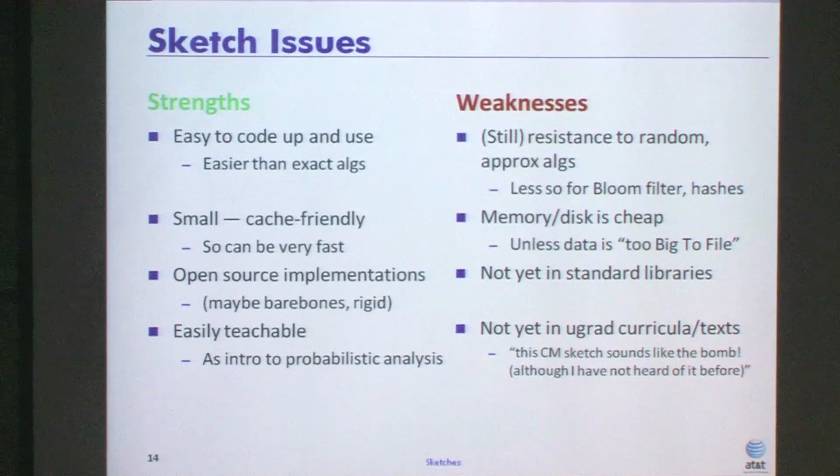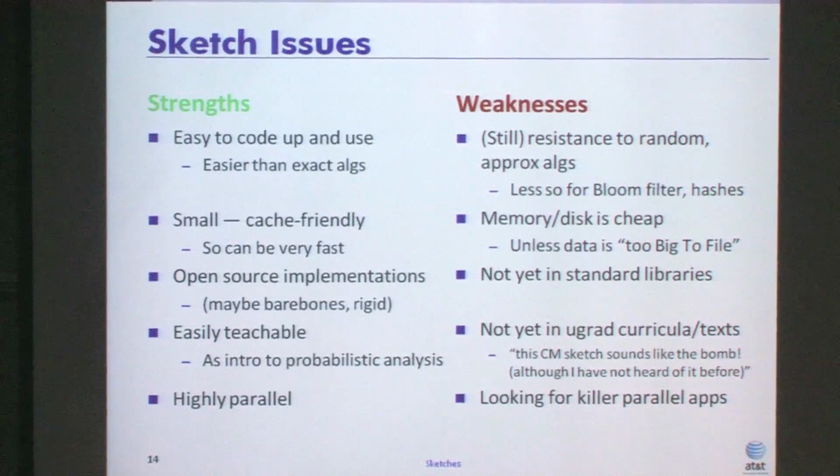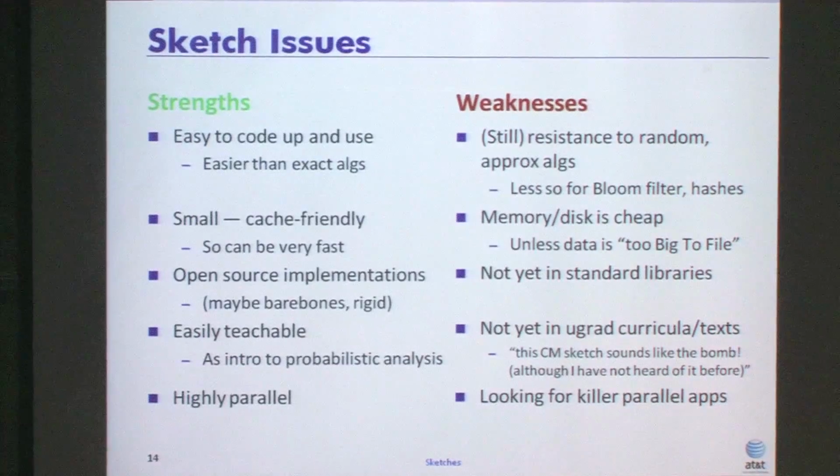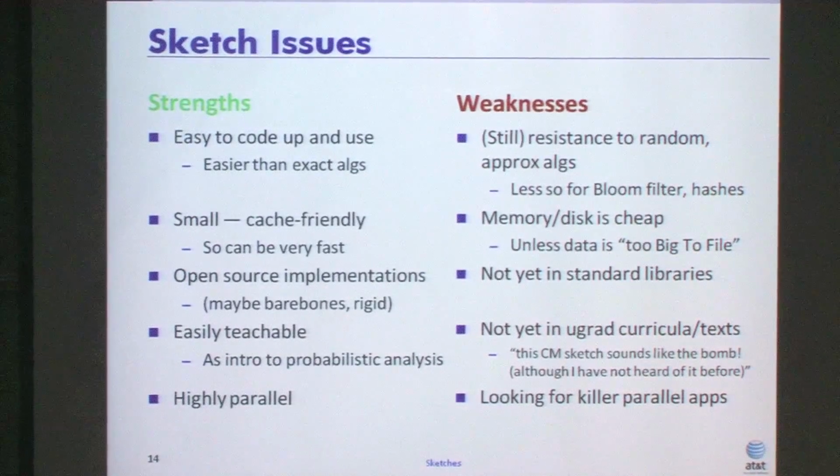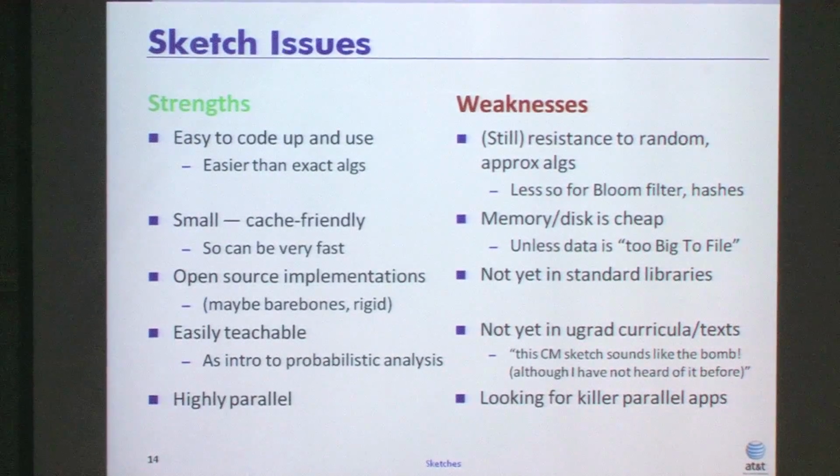So if I want to step back and ask, to what extent do I believe that these sketches represent a story for algorithms really being in the field? To what extent do I believe that we can take something like this and call it a success? Strengths are things like that they're very easy to code up and use. Actually, I'd argue sometimes it's easier to use sketches than exact algorithms.